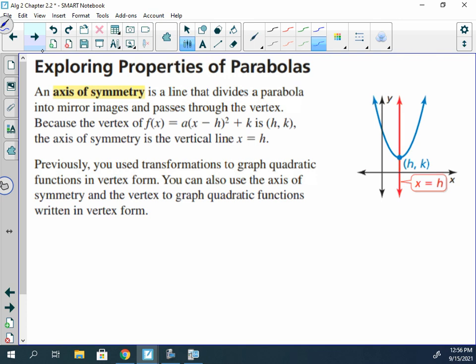Just like when we've been seeing with the reflection across the y-axis, where parentheses negative x squared, let me write it down, is the same as x squared. The reason this works out is because, again, we're reflecting it across its actual axis of symmetry.